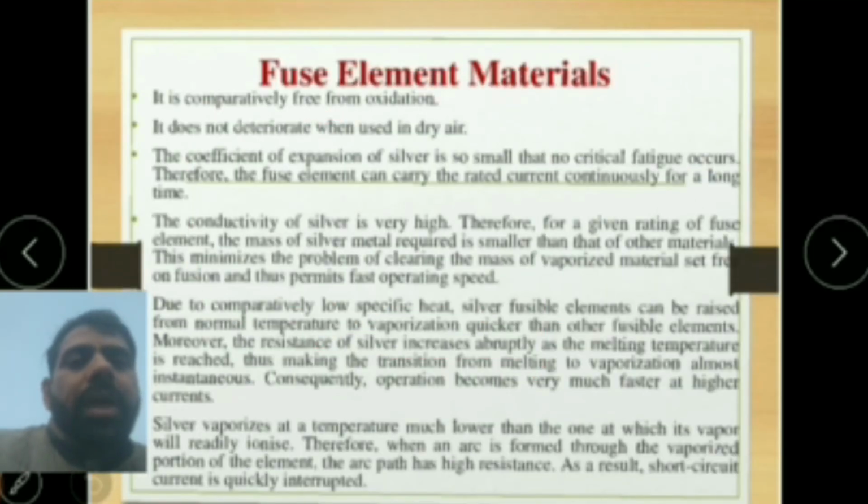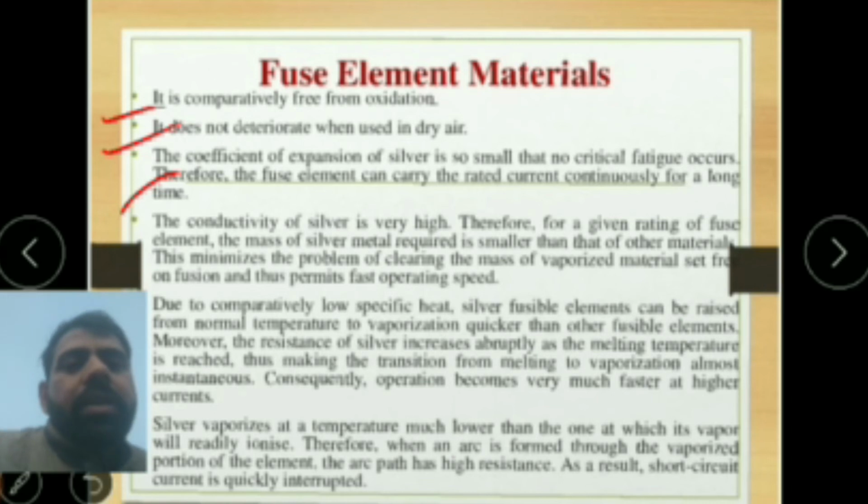If we talk about the material for the fuse element construction, the first characteristic of the material is that it is completely free from oxidation and does not deteriorate when used in dry air. So these environmental conditions we have to consider. The third point is that the coefficient of expansion of silver is so small that no critical fatigue occurs, so the fuse element can carry the rated current continuously for a long time.